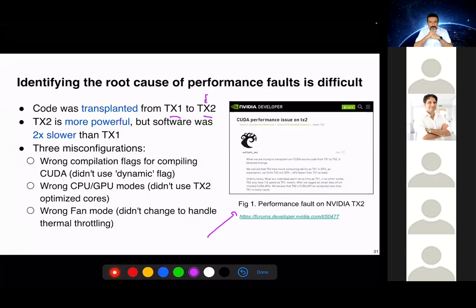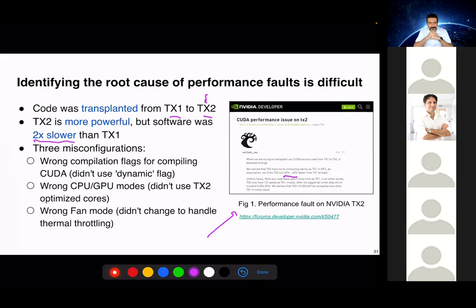So they expected to see a 30 to 40% boost with respect to performance, in this case the latency of the inference of this machine learning system. But at the end, not only did they not observe this boost, but they also observed that the performance of the system was twice as slow, and that was weird, right? Isn't it?